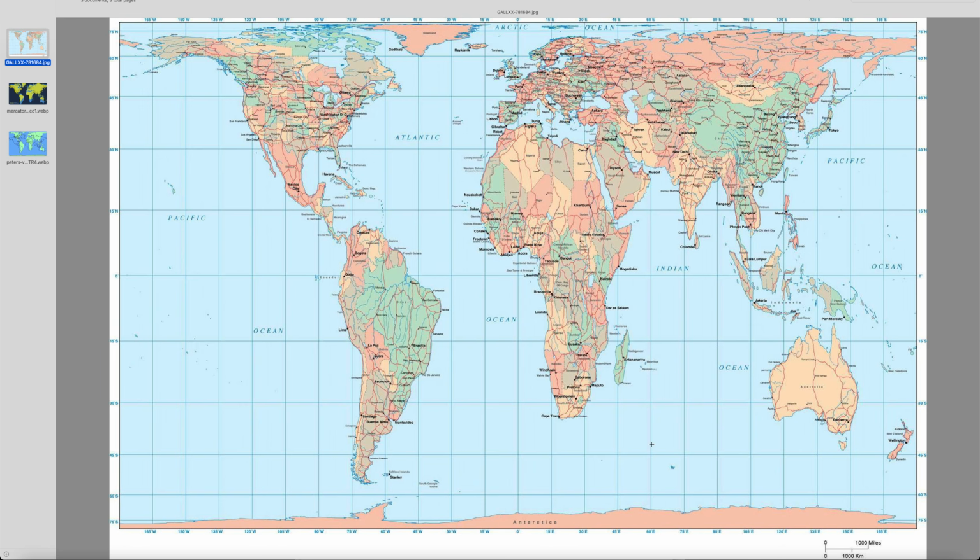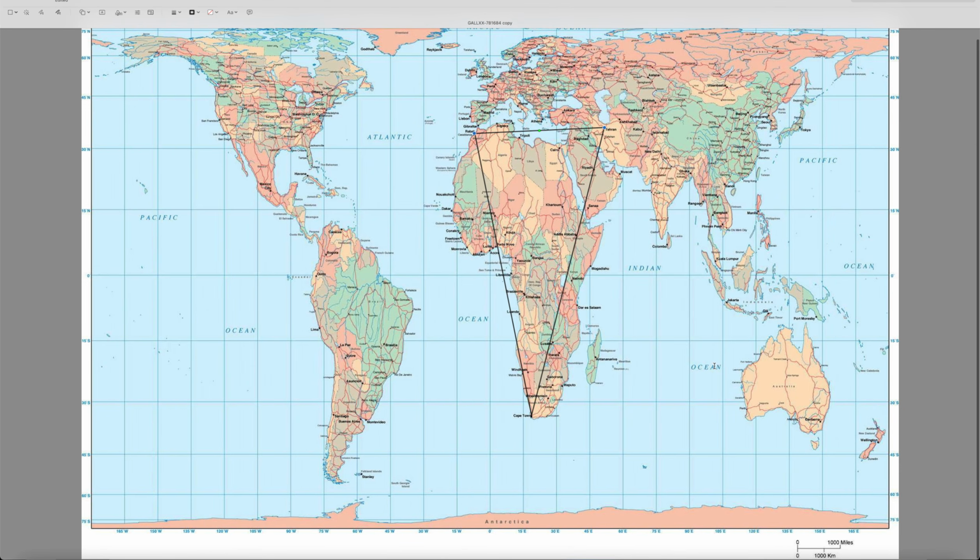Either way, the point of me showing this is that I've also, just for visual purposes, drawn the same triangle on this. And as you can see, it looks slightly different from the other one, because on the other one, Africa is a lot more squished. But this is a Gall-Peters projection type map, which is supposedly a more correct depiction of the land sizes of the land masses in relation to each other.